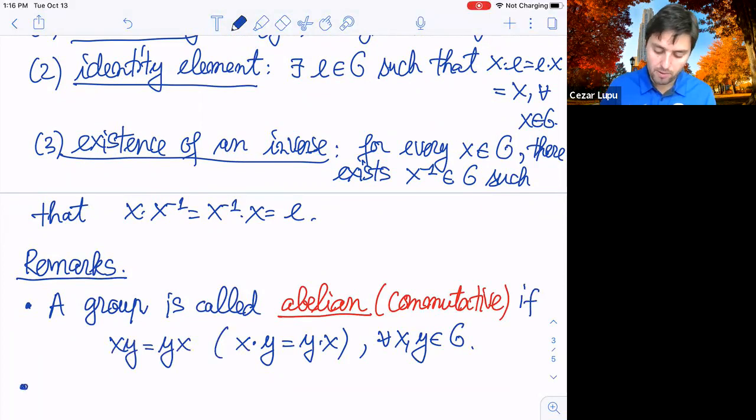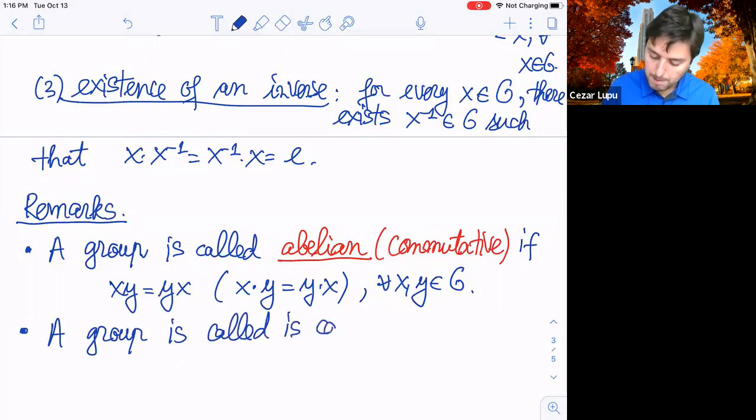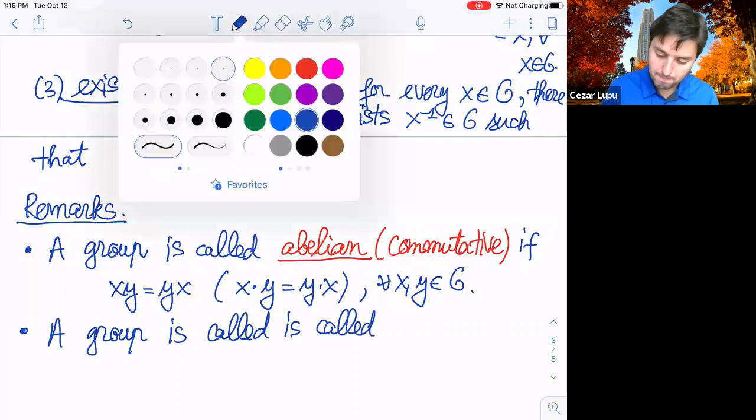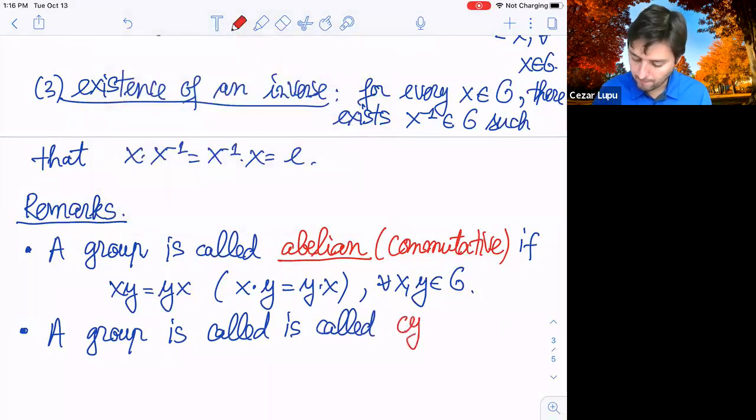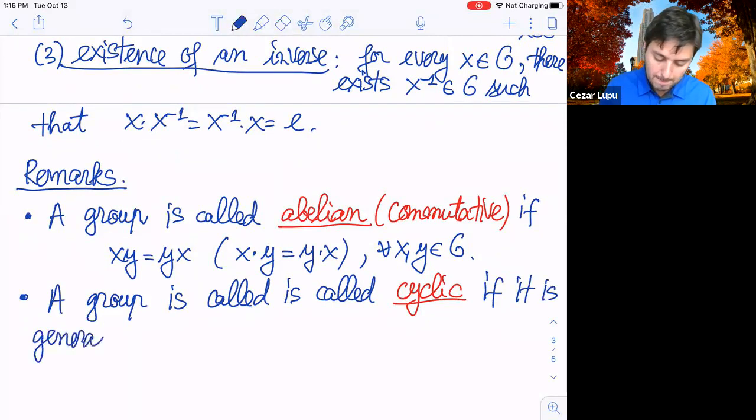Another important thing is that a group is called cyclic if it is generated by a single element.